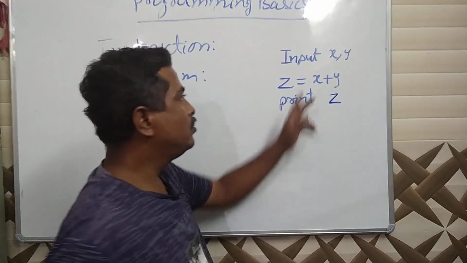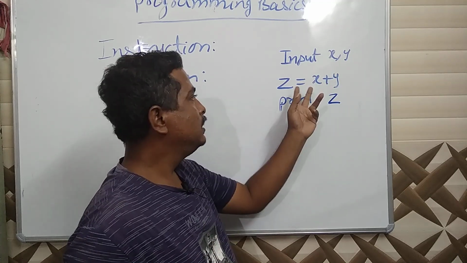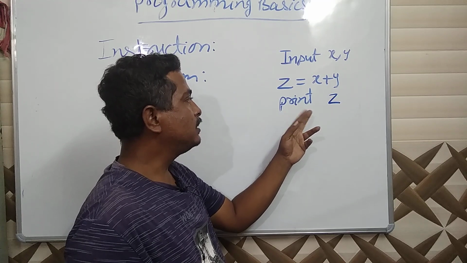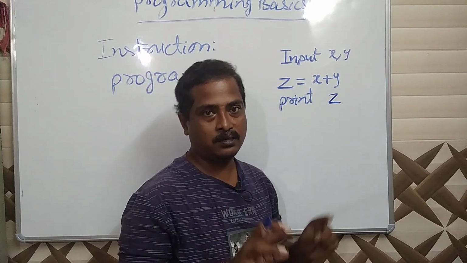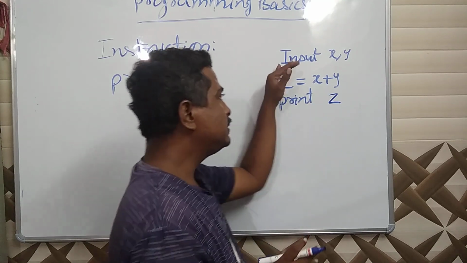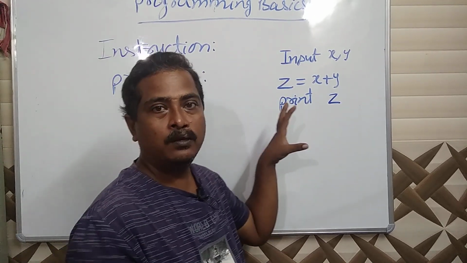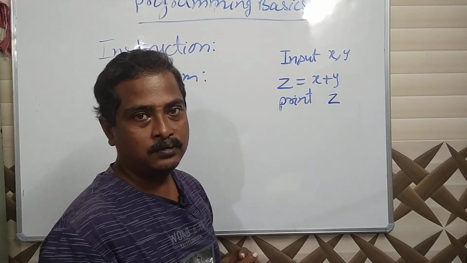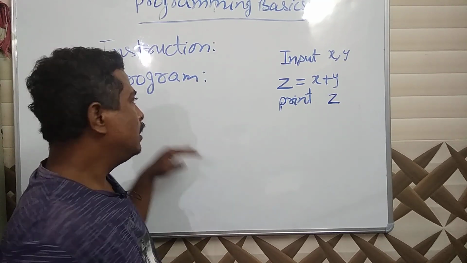Now what happened? In the first instruction, two values will be input. In the second instruction, the result will be calculated. In the third instruction, the result will be displayed on the monitor. These are the three instructions. When they are combined, this is a program. A program for what? A program to add two numbers. So that is the instruction and program.